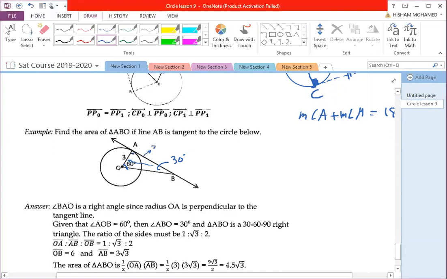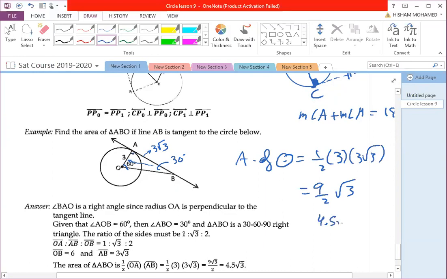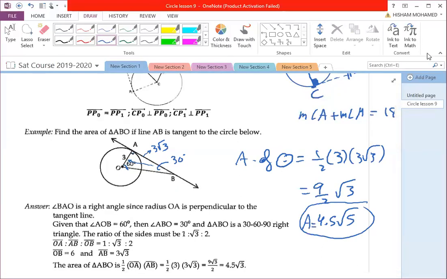So AB is equal to 3√3. So the area of the triangle is equal to half base times height, where the base is 3 and the height is 3√3, so it's 9/2 √3, which can be written as 4.5√3.